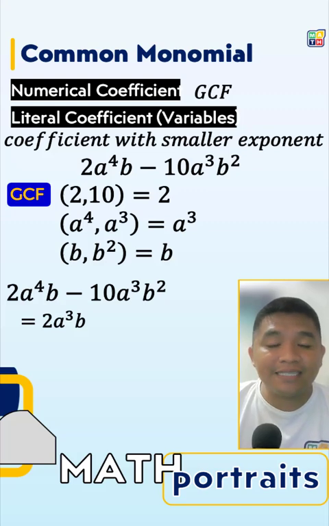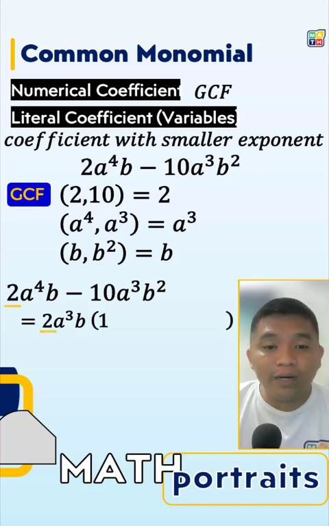What happens then? You need to make sure that you are going to apply the rules in factoring, which are the proper division or usual division for numerical coefficients and the division law of exponents for our literal coefficients or variables. Talking about numerical coefficients, we have here 2 divided by 2 is just simply 1.